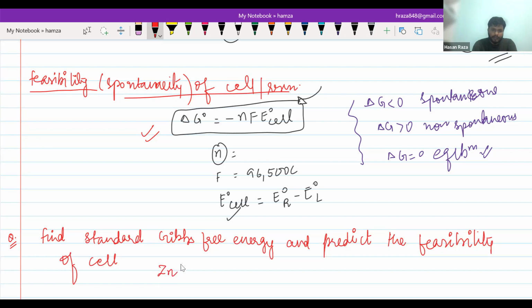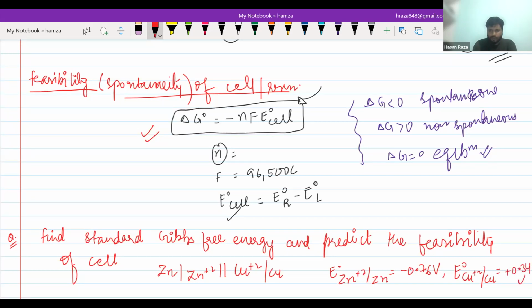It is given that Zn slash Zn plus 2 double slash Cu plus 2 slash Cu. And here it is given that E naught Zn plus 2 slash Zn has the value minus 0.76 volt. And it is also given that E naught Cu plus 2 slash Cu is plus 0.34 volt.